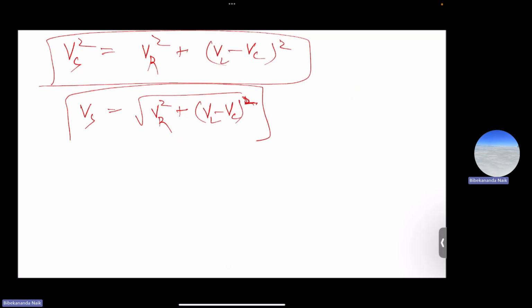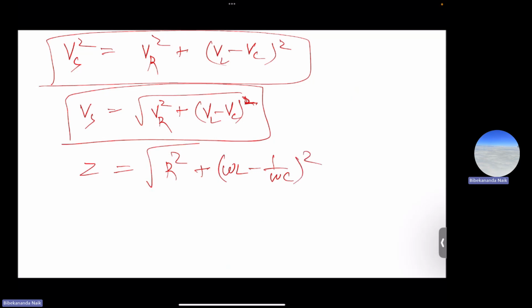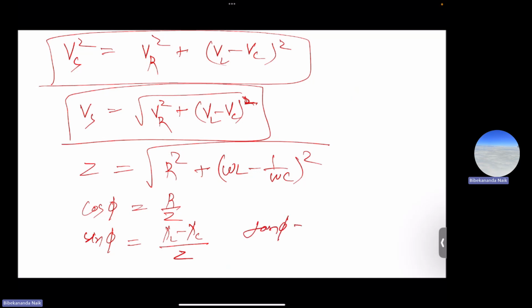Or we can say the total impedance Z we can write as the square root of R square plus (omega L minus 1 by omega C) square, at the angle. So cos phi will be R by Z, sin phi will be (XL minus XC) by Z, and tan phi will be (XL minus XC) by R.